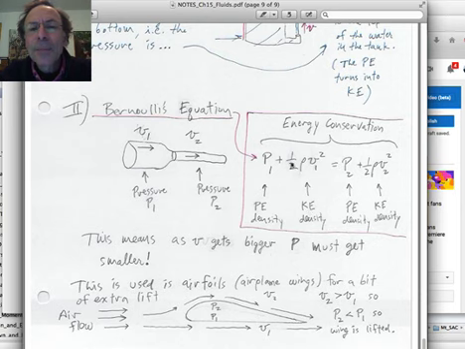Kinetic energy for a single object is 1/2 mv squared, but here we're talking not about one object, we're talking about a fluid, and so the mass isn't a chunk, it's rather a density of mass.